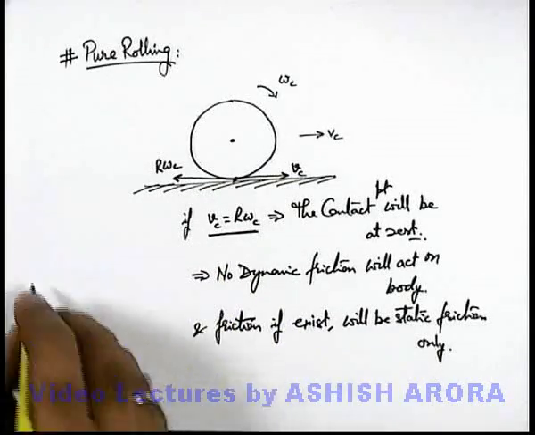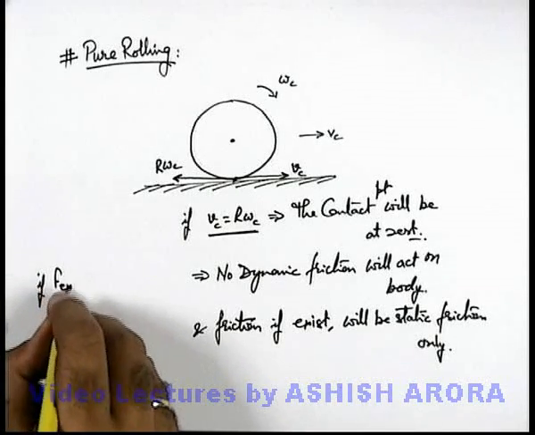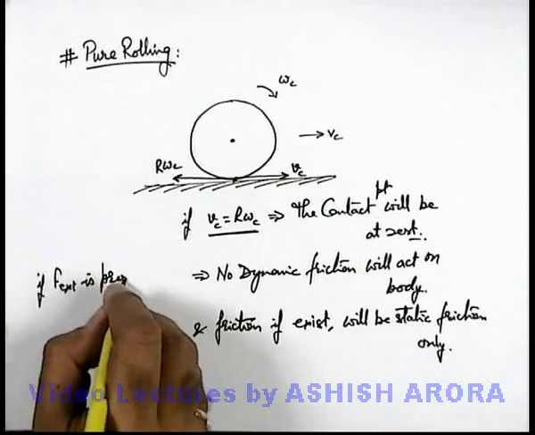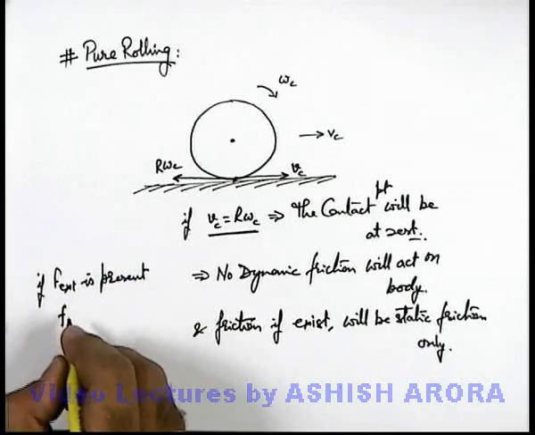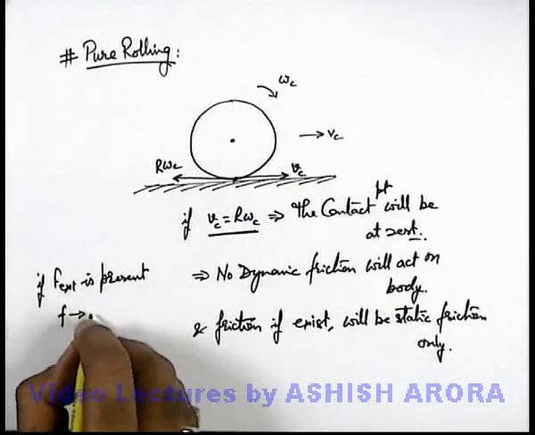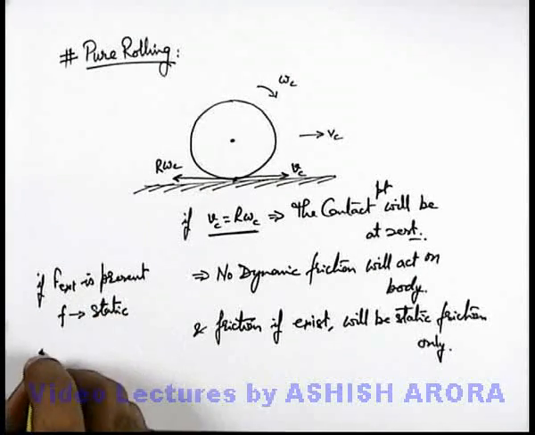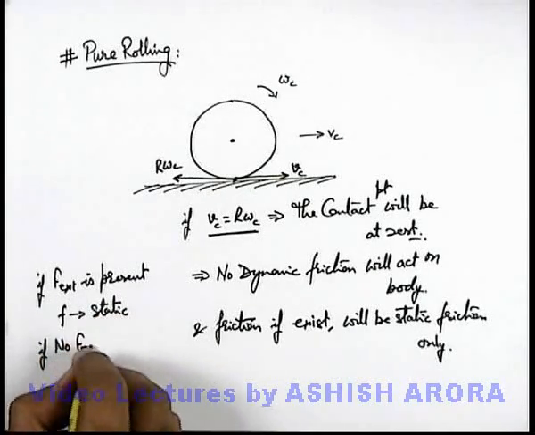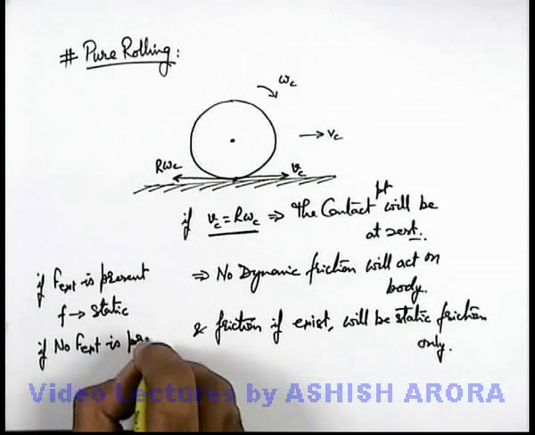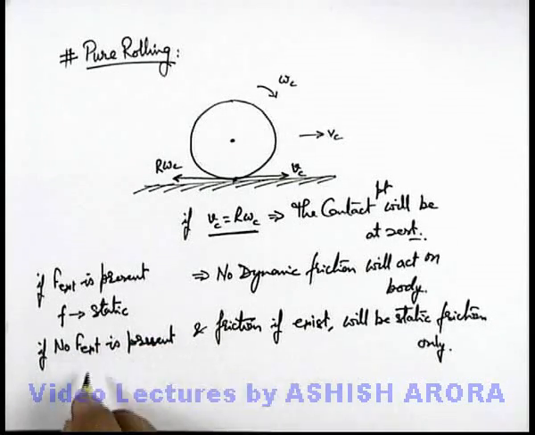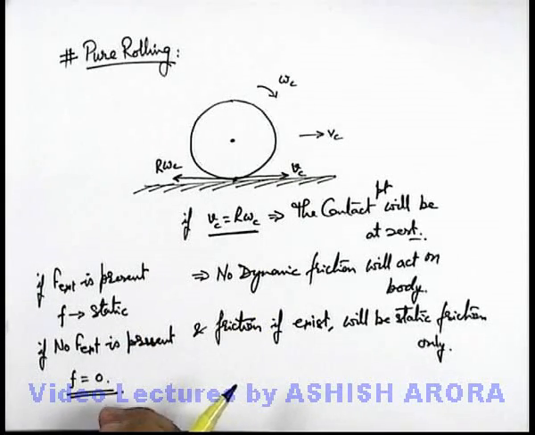And for this we can also write: if F external is present, the friction which will act at the bottommost point will be static, and if no F external is present, we can state that in the situation when external forces are absent, the static friction will also be equal to 0, because static friction will act only if there is a tendency of motion between the two bodies in contact.